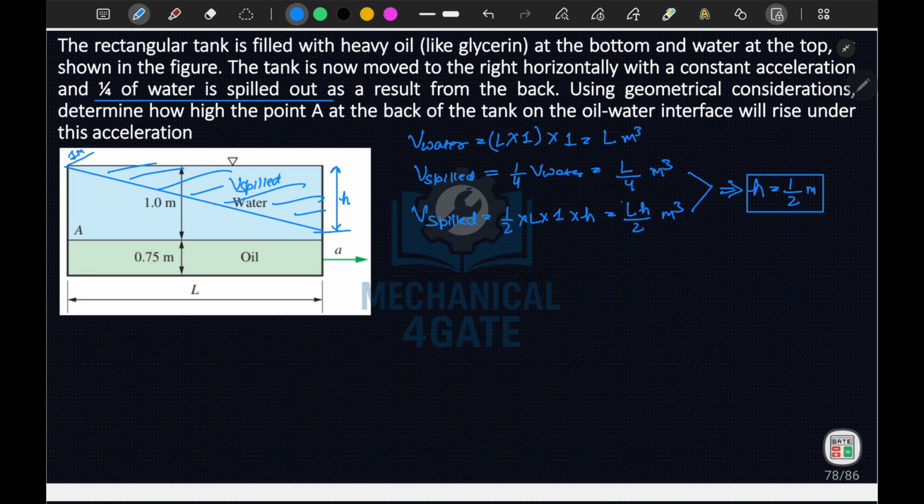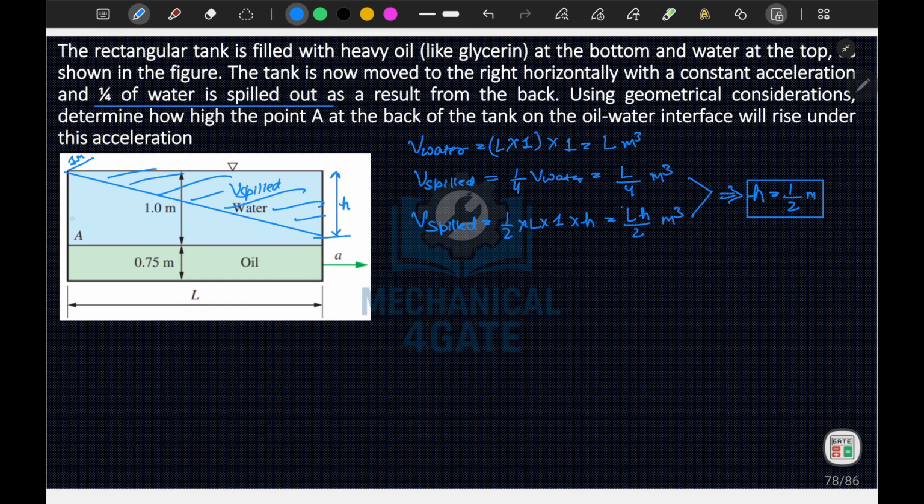Now what is asked: using geometric consideration, determine how high the point A at the back of the tank on the oil-water interface will rise under this acceleration. So your oil-water interface will also be something like this, and we have to find how much distance it will rise.